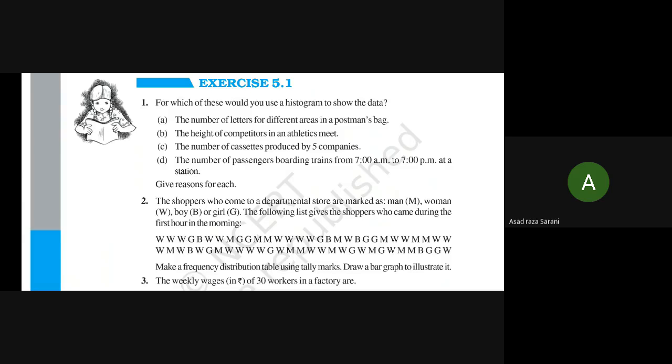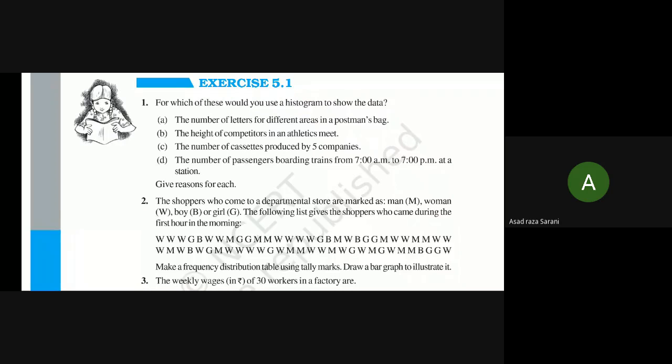For example, in your classroom, I am taking the height of all the students and writing down all the data in a group form. For example, 140 to 145 centimeter height first group, 145 to 150 second group, 150 to 155 third group, 155 to 160 fourth group. It is one type of grouped data. So we can use a histogram here.